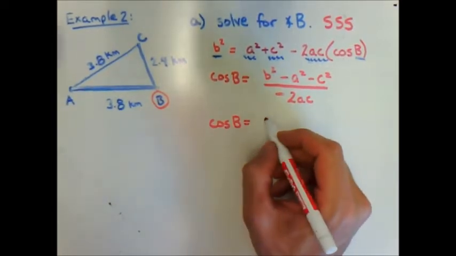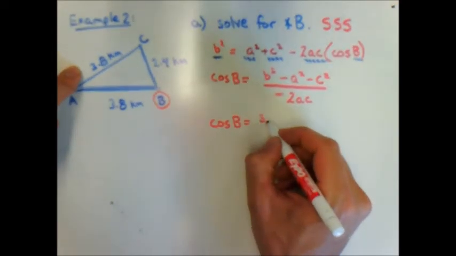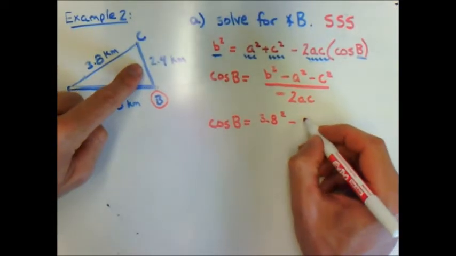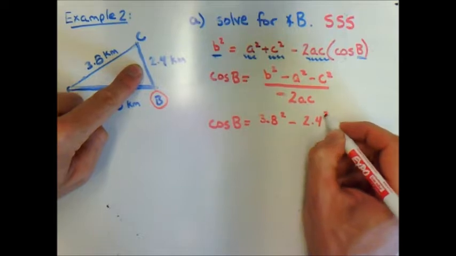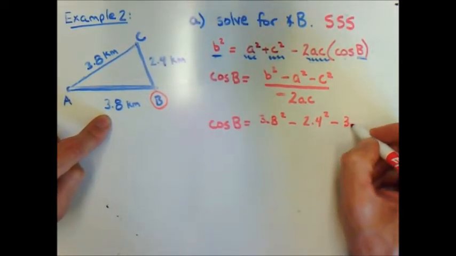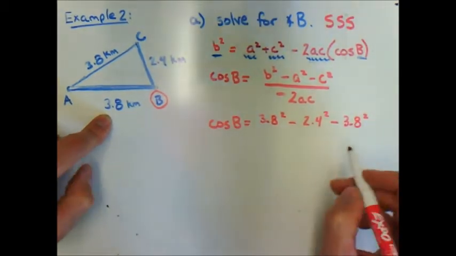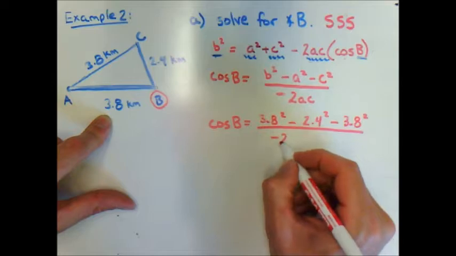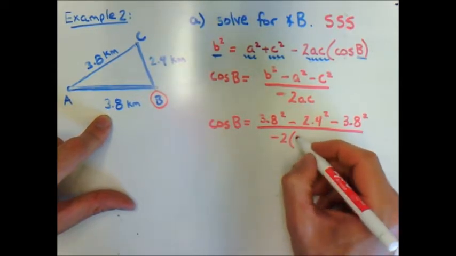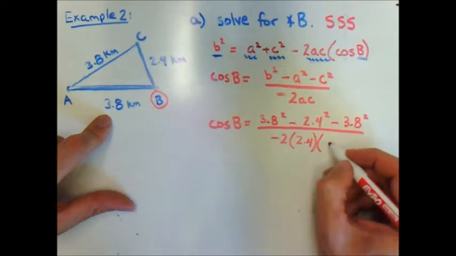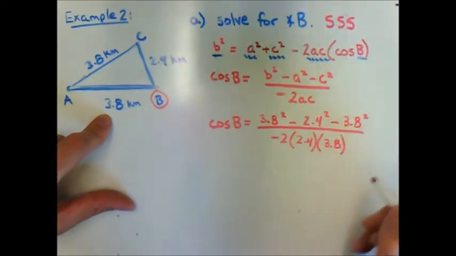Cosine of B is equal to B squared, which is 3.8 squared, minus A squared, 2.4 squared, minus C squared, which is 3.8 squared, all over negative 2 times A, which is 2.4, times C, which is 3.8.